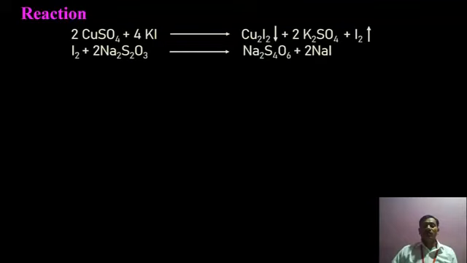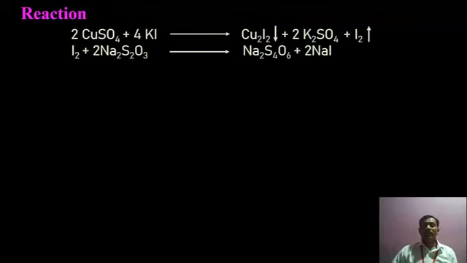Now the reactions, what happens in between in the solution. Earlier we took the copper sulfate in aqueous solution, to which we added KI. After addition of the KI, it converts the copper ions into cuprous iodide, and forms K2SO4, and I2 is liberated.